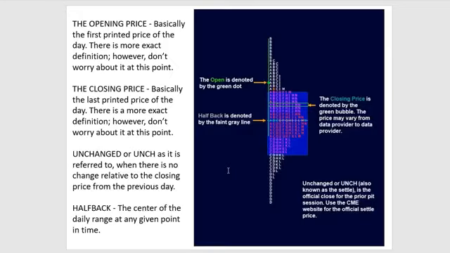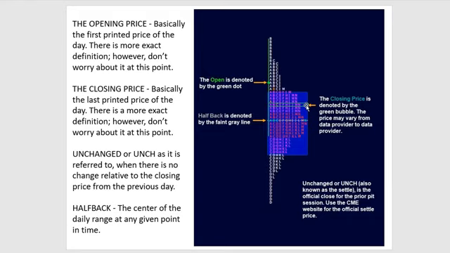Okay, the opening price. We said early on that the opening price is going to be a static reference once it's open. It's the green dot here. The closing price is the last trade of the day. It's the last trade we see. There is an official price determination made by the exchanges.